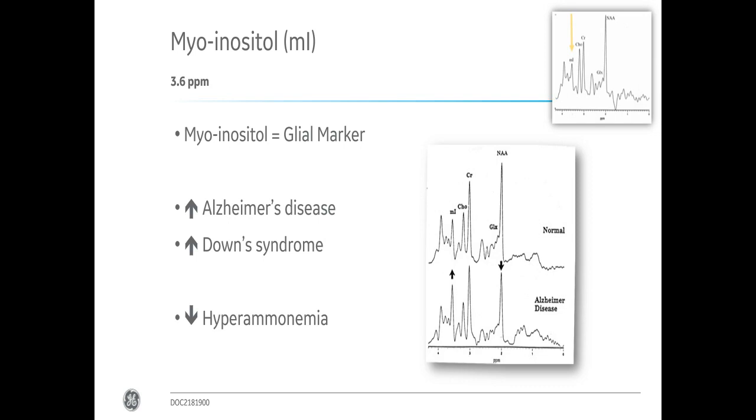We see reasons for a decrease in myoinositol other than it's a typical glial marker. Why I said this, in Alzheimer's disease, it's most likely that we see an increase in the myoinositol due to the glial aspects to it.